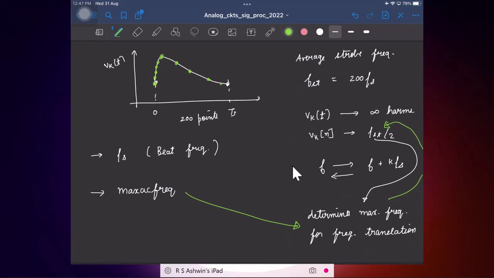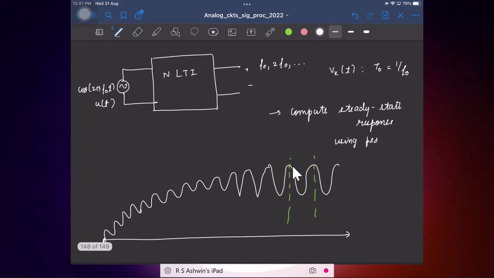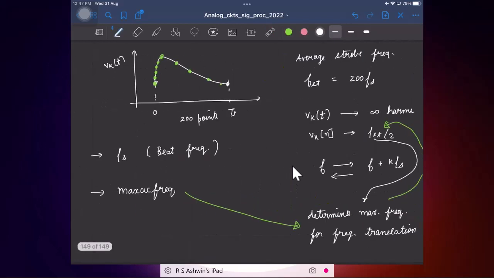Fine. But as we saw earlier, we might not use PSS for computing the harmonic transfer functions alone. As we saw in this case, we might be interested only in finding the steady state response. So there, what you might be interested in is looking at the node voltages Vk of t and the spectrum Vk of j2 pi f.